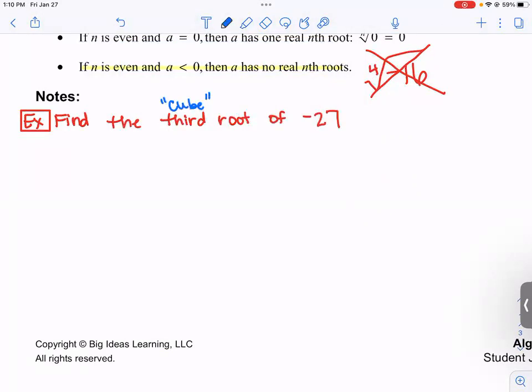Oh, I like that. Okay. So when I talk about the third root or the cube root, we can write it like this, the cubed root of negative 27, or we can write it as negative 27 to the 1/3 power. That's what Reagan said. Either way, what is the cubed root of negative 27? If it's an odd power, we can. Okay. Odds we can, evens we can't.